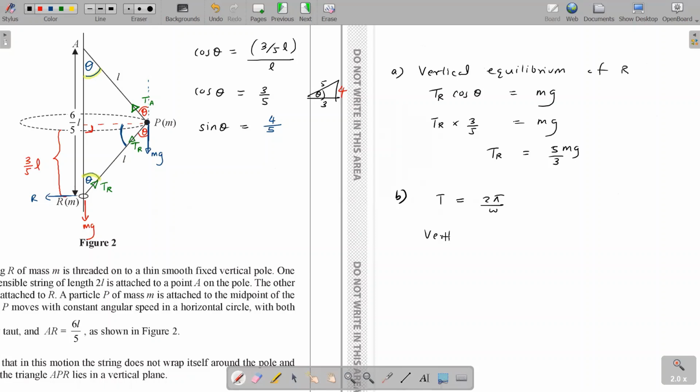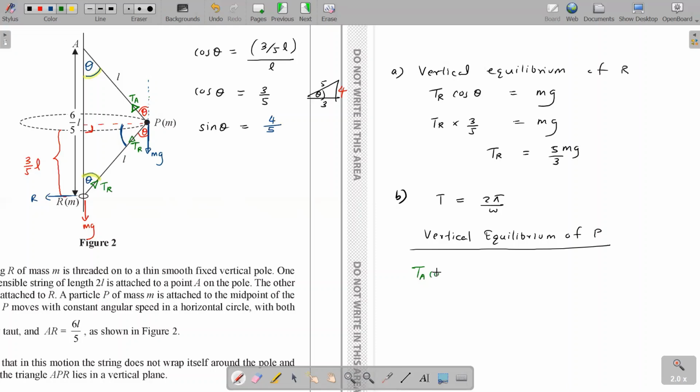So vertical equilibrium. So how do we get the vertical equilibrium? How does it work? You can see here tension A. Okay, let me mark it again. There is the tension A. Tension A cos theta is acting upwards, isn't it?